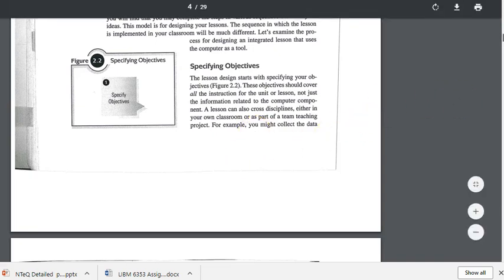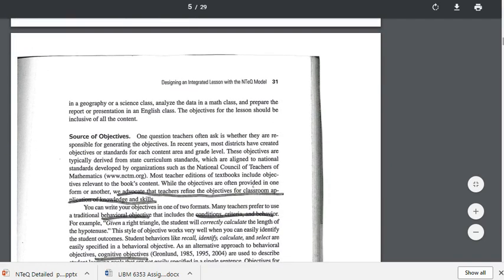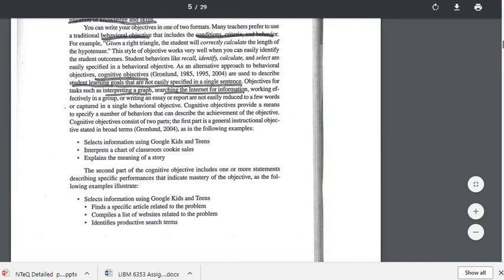But for example, if you collect data in your geography or science class, you might analyze it, with the math classes analyzing it within your lesson plan, and then preparing the report or presentation in your literacy or English class through the library.